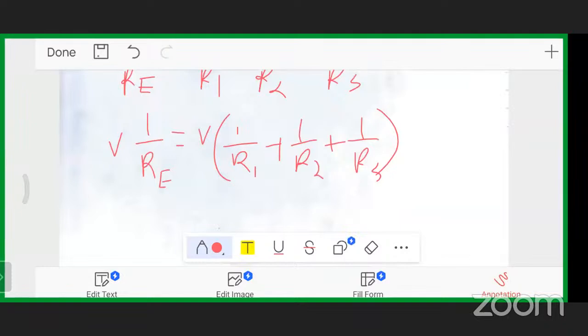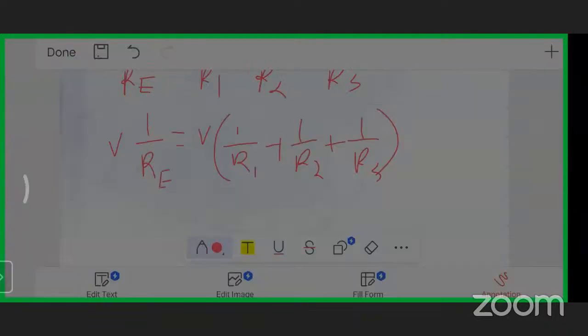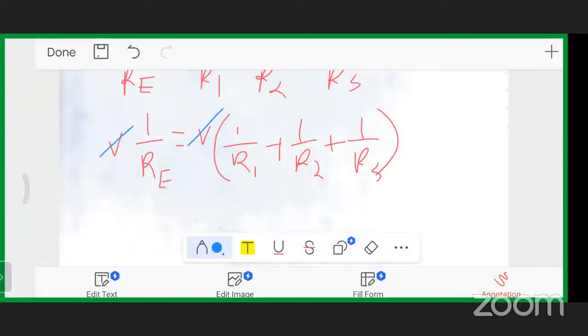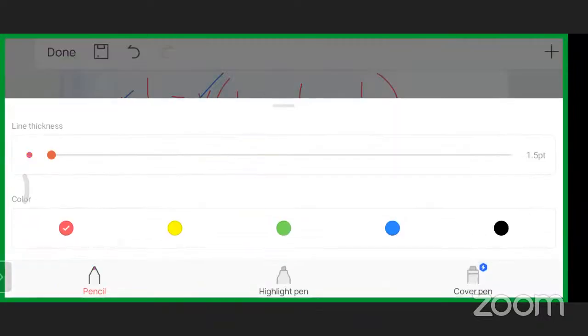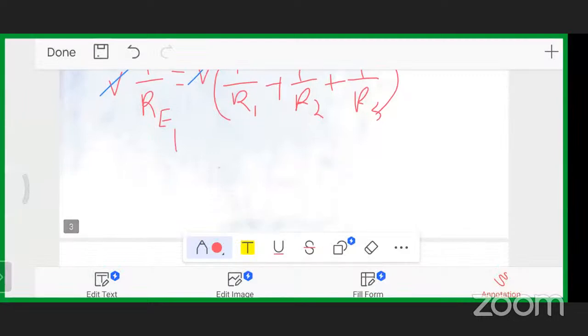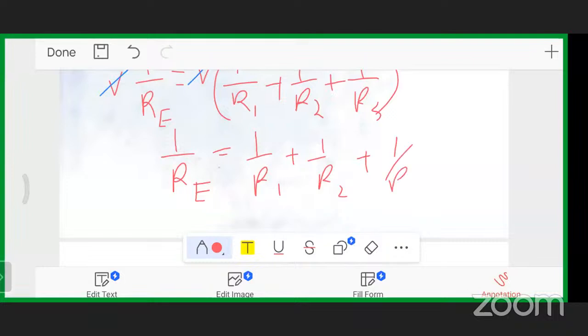That allows you to cancel V from both sides, so the remaining expression is 1 over RE equal to 1 over R1 plus 1 over R2 plus 1 over R3.